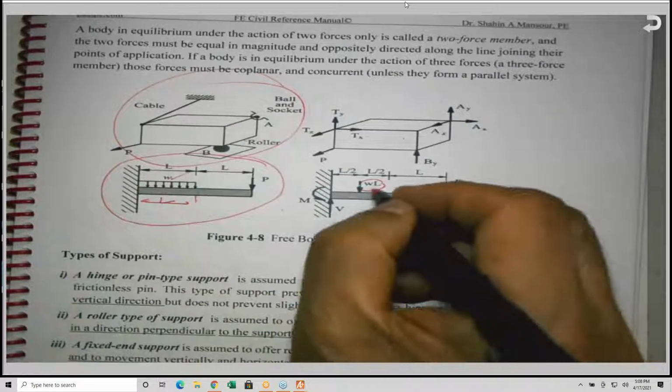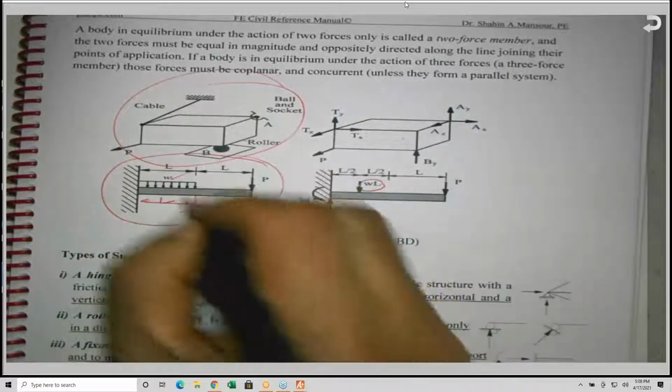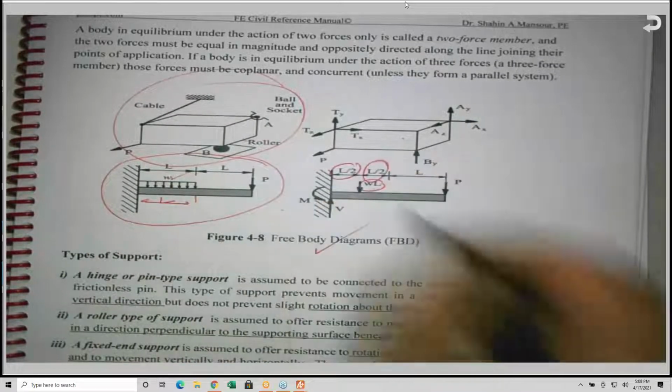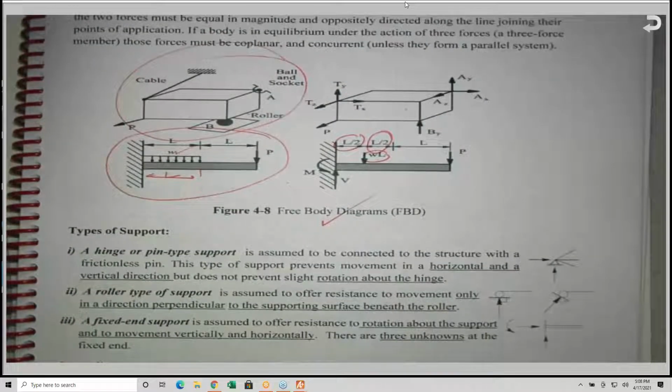So this is the total load, and this will be acting at the centroid. The centroid is L over 2 from each end, as all of us know.